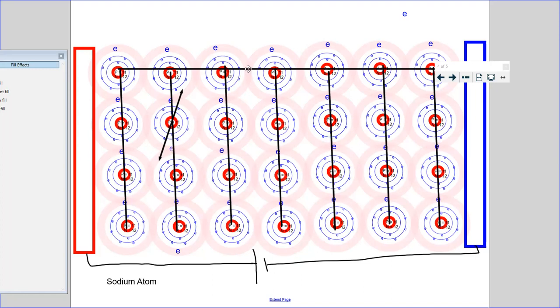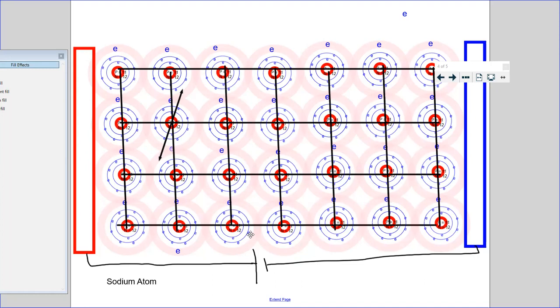And what do you think, when you increase the temperature, what happens to the vibration? Will they vibrate more or less when you increase the temperature? They will vibrate more. So if they vibrate more, what will happen to the chances of collision? Increase. So what will happen to the resistance? Increase. That's what it is. Increasing temperature increases the resistance. Got it?